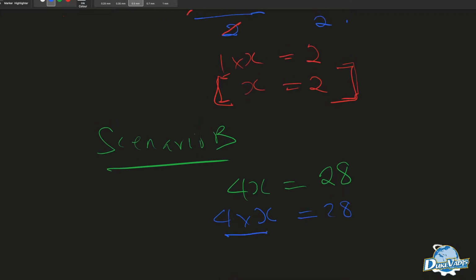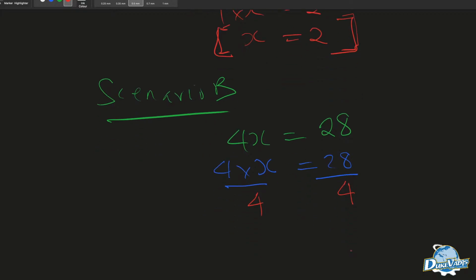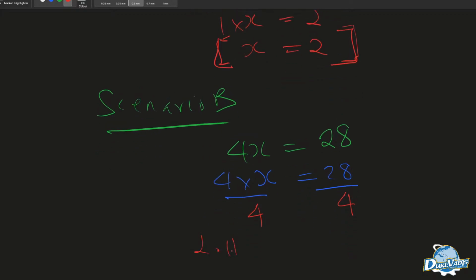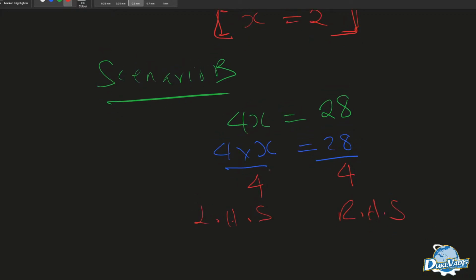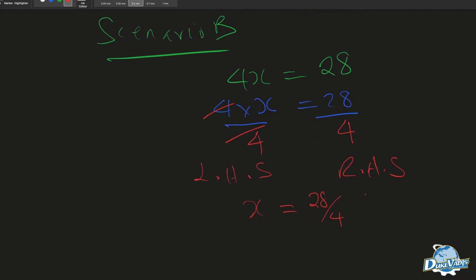What I do to the left hand side, I do to the right. So this 4 will cancel this 4 and it will be 1 times x, which is x, and we get 28 over 4, which we know is 7. So we see that we have made x the subject.